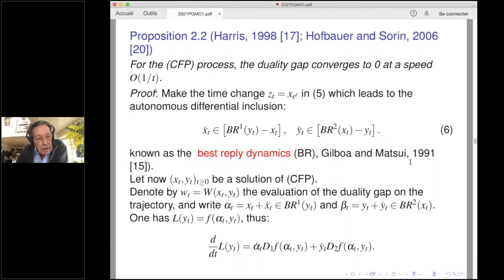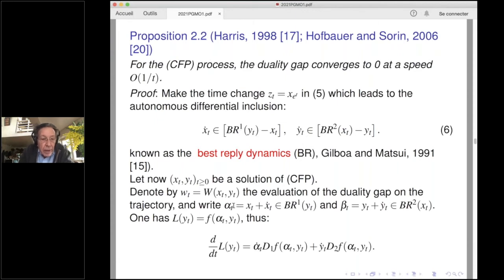So I take a solution of this equation, and I denote by W t the evaluation of the duality gap on the trajectory. Remember that on the trajectory you have x dot which belongs to this, so it means that x dot plus x t is in BR1.